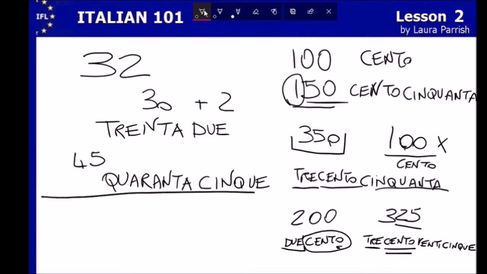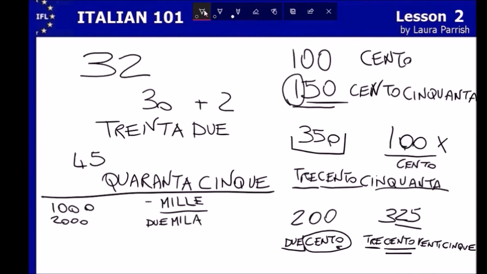Then we have this number, 1000, mille in Italian, and it has an irregular plural, okay? So this number 1000 in Italian is mille. You don't put 1 here, you just say mille. This will be 2000, irregular plural. 2000, okay?